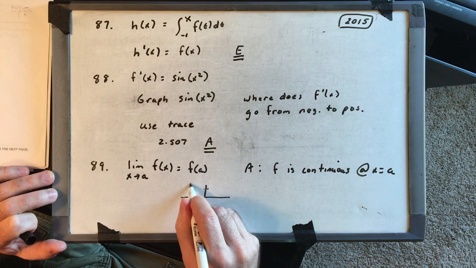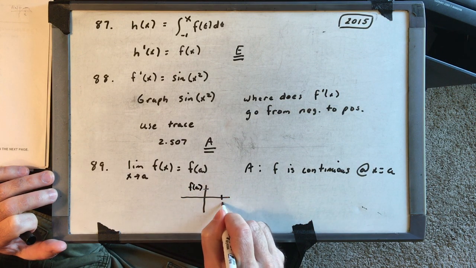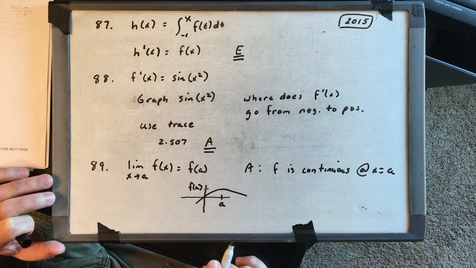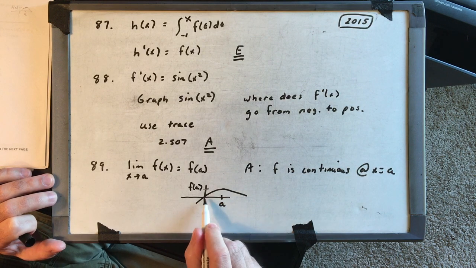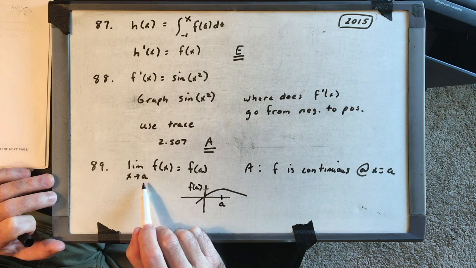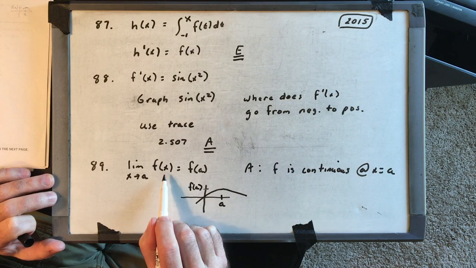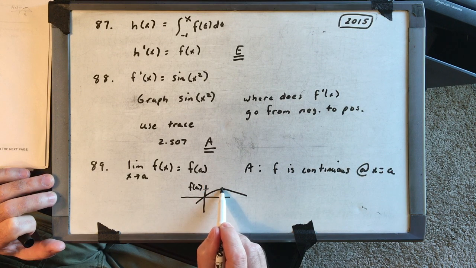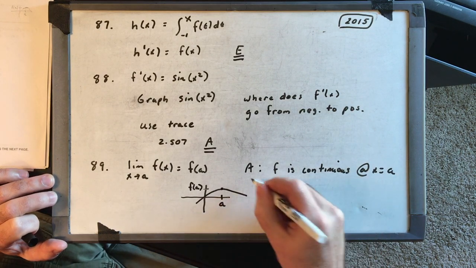Let's say we have f of A and A, and some sort of function there. The limit is saying, what y value does the function approach when the x value approaches A? And if that equals f of A, that means there's no hole, no gap, no jump. So if that's the case, then A has to be true.